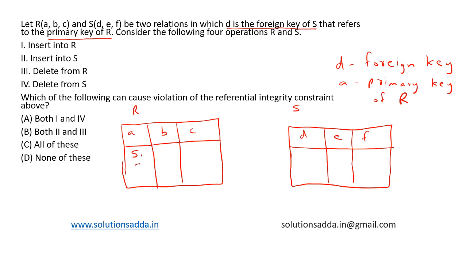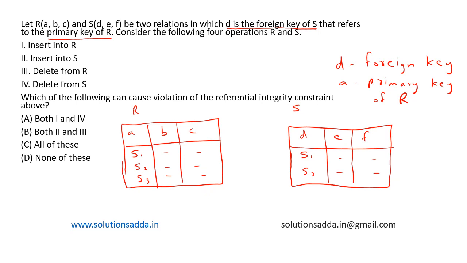Let it be S1, S2, S3. This can be any value. Since D is the foreign key referencing A, we can have S1, S2 as sample values here. This is the table structure assuming.